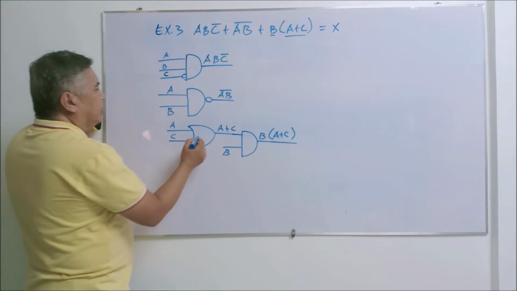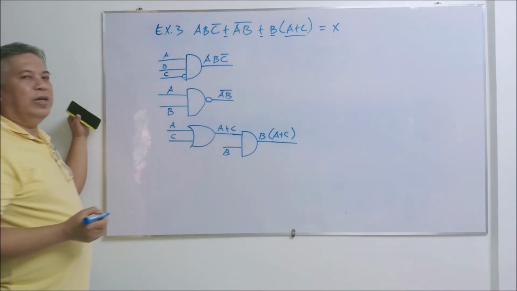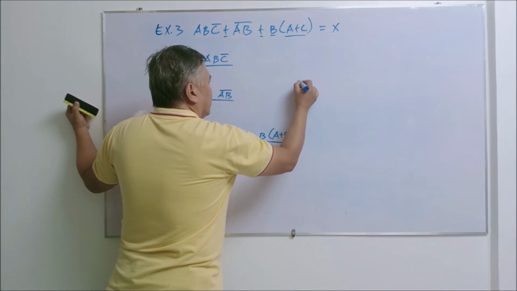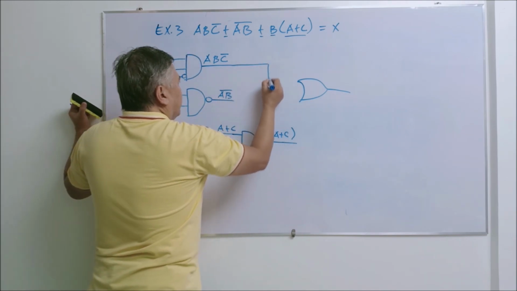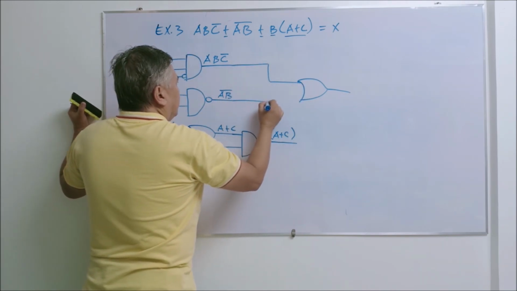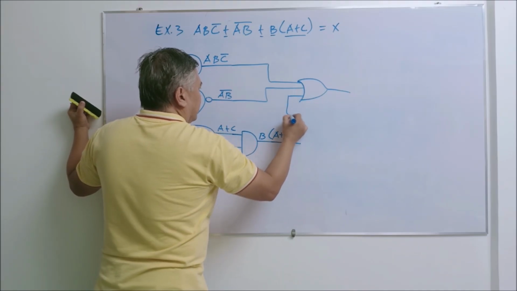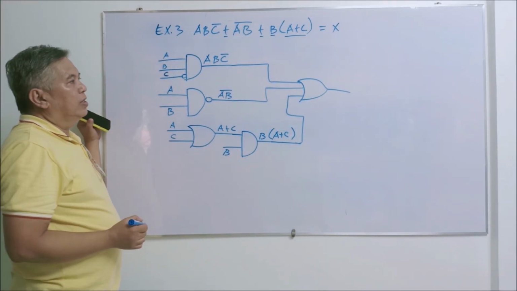And all of these gates are being ORed together by an OR gate. So we draw an OR gate. This one here is one of your inputs. This one here is another input. And this one here is another input for your OR gate.